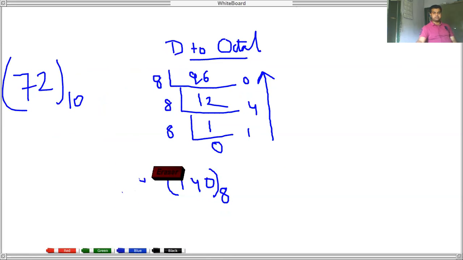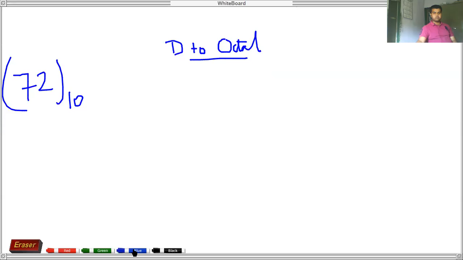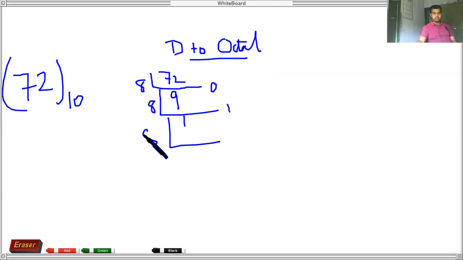The same step, only instead of 2 we will divide by 8. 8 nines are 72, remainder 0. 8 ones are 8, remainder 1. 8 zeros are 0, remainder 1.